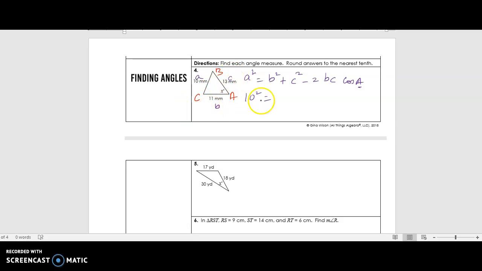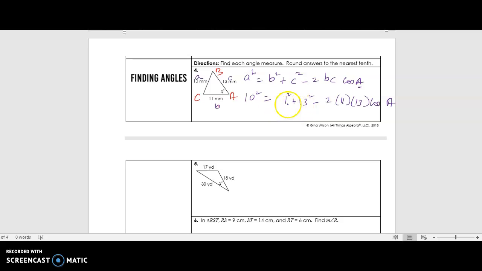Okay, whatever is opposite. So 10 squared, which is A squared, is equal to B squared, which is 11 squared, plus C squared is 13 squared minus 2 times 11 times 13 cosine of A, which we need to find.